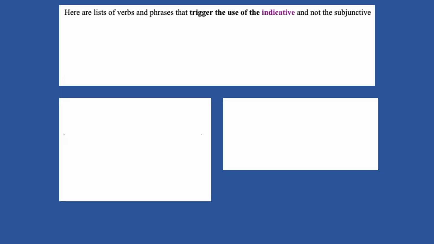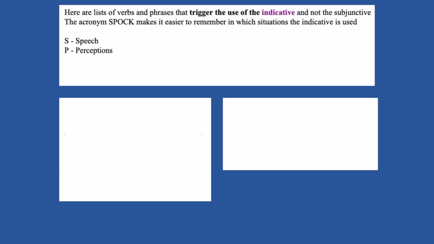You should also be aware of verbs and phrases that activate the indicative and not the subjunctive. In this case, we use the acronym SPOCK for speech, perceptions, occurrences, certainty, and knowledge.